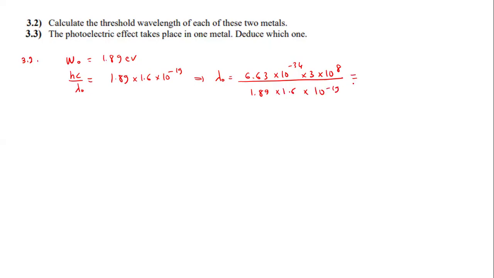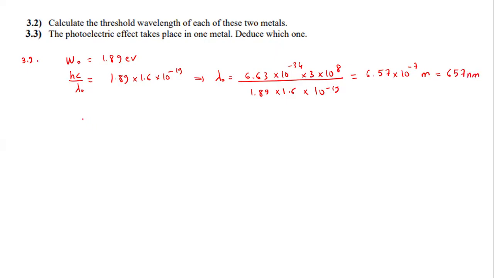If we do the calculation, we get 6.57 times 10 to the power negative 7 meter. In nanometer, it's 657 nanometer.